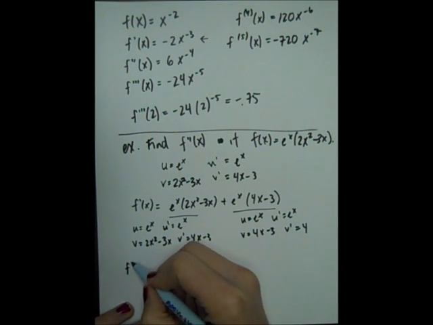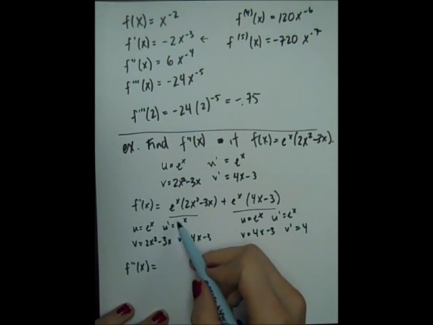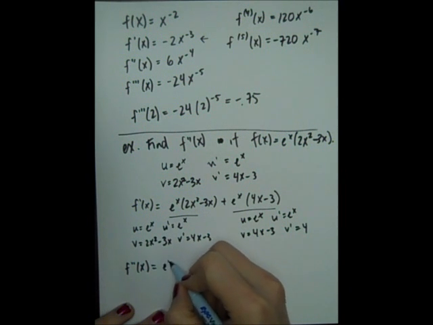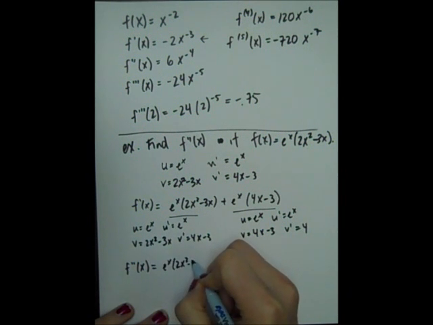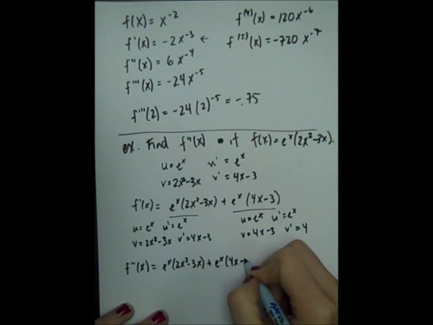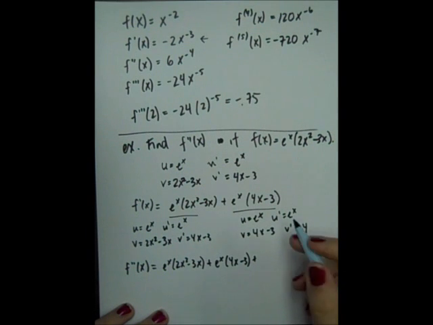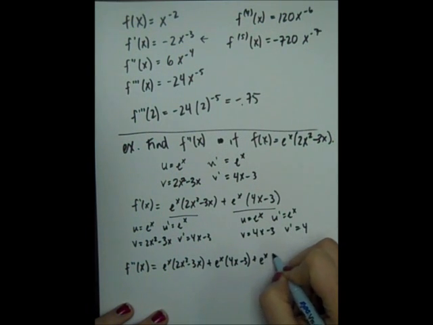Which tells me that f double prime of x, well my first product, let's see what I get. For my first product, the derivative was u prime v plus u v prime.